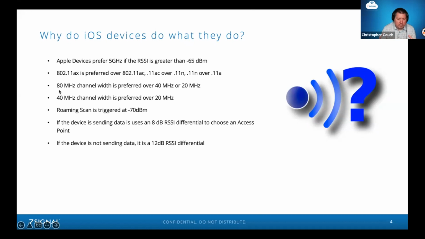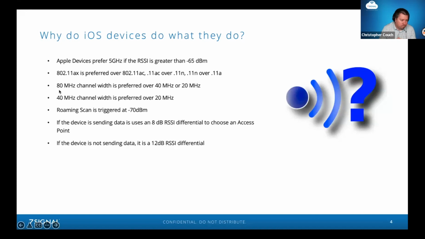Then, based on the devices and their capabilities, starting with the latest Apple devices, they're going to prefer AX, and then go backwards down the list to AC and N, and then N to A, as long as your infrastructure supports it. Then it's going to look for the widest channel possible and go down from there. So if you have 80 megahertz channels enabled in your environment today, it's going to prefer those over anything else.